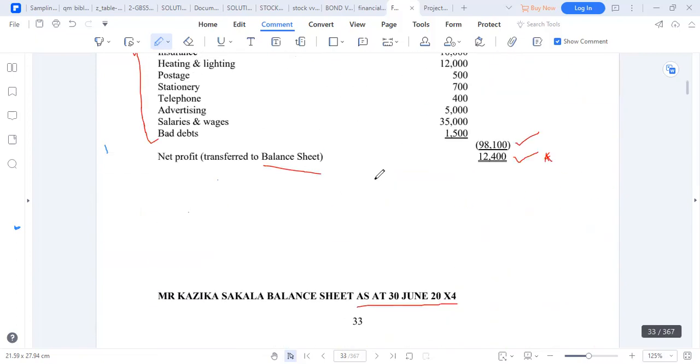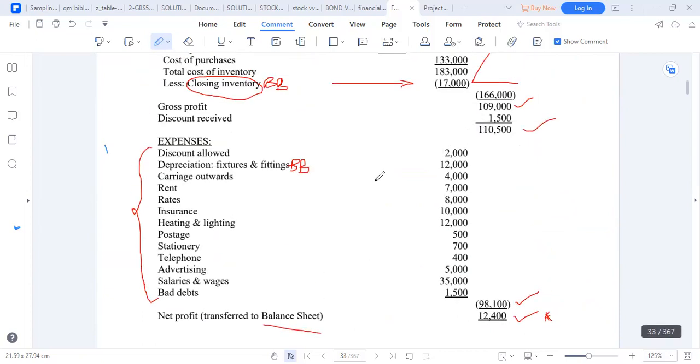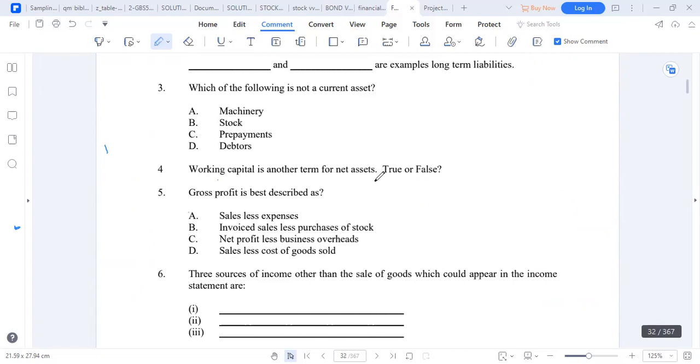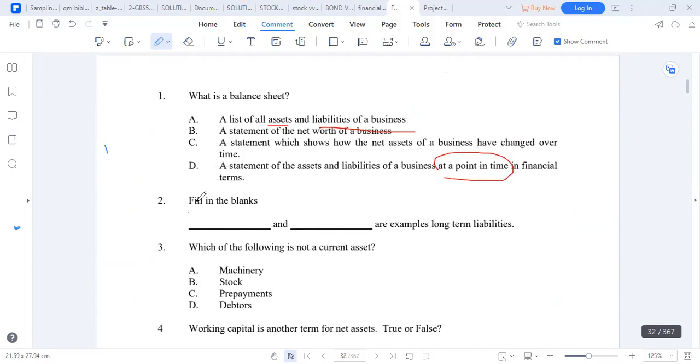Then we go to the next question. Fill in the blanks. Dash and dash are examples of long-term liabilities. What are some of the examples of long-term liabilities?